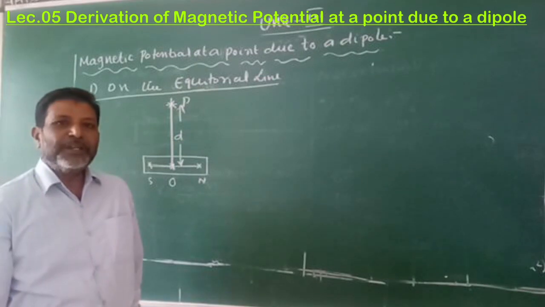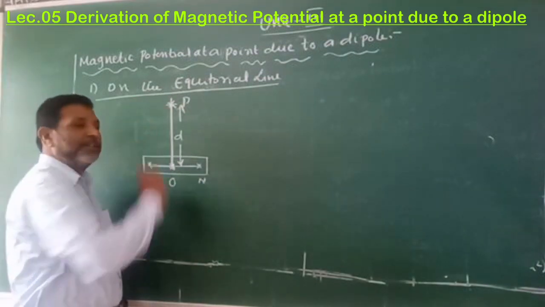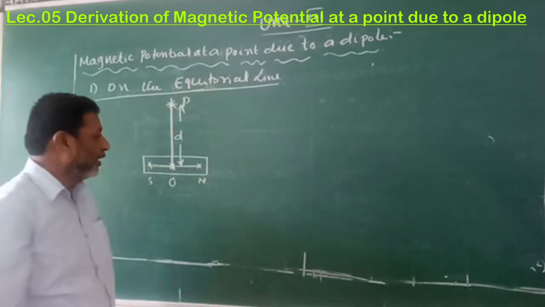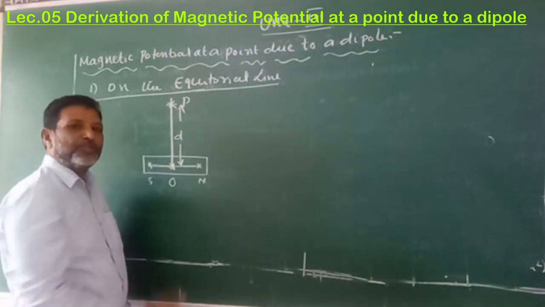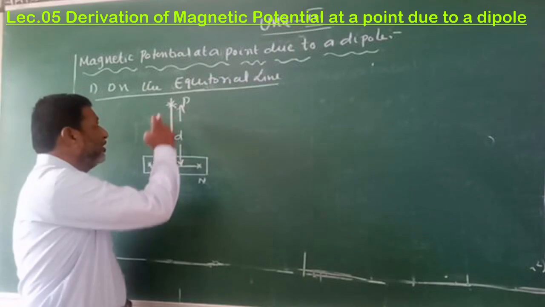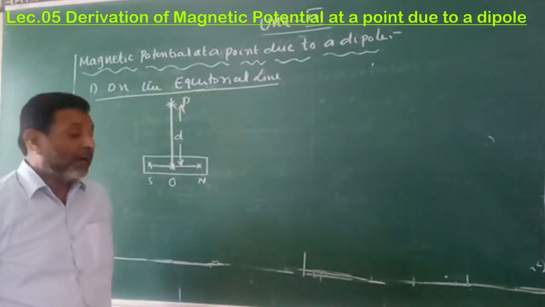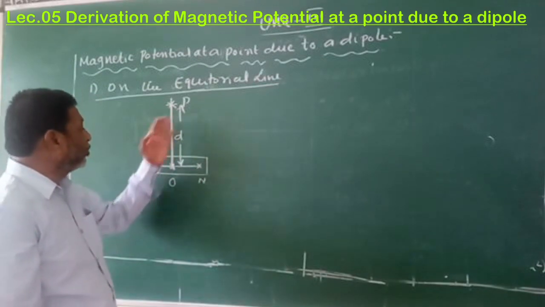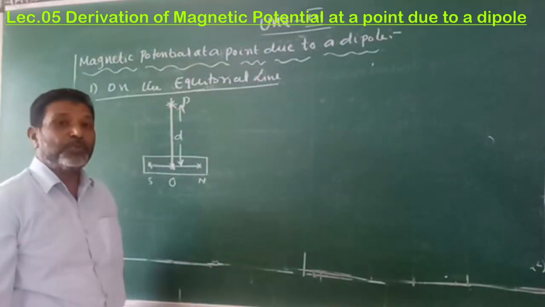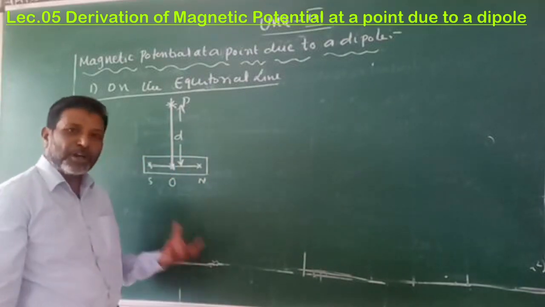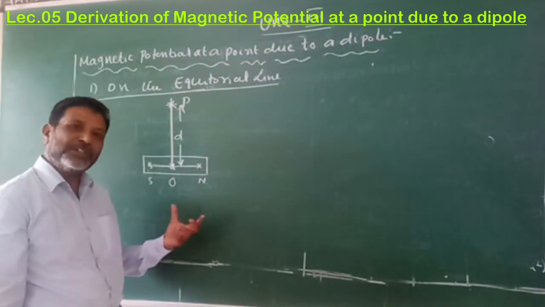Now, at this point there are two potentials acting. One is the potential due to the north pole and another is the potential due to the south pole. Therefore, first we calculate the potential due to the north pole and the potential due to the south pole.